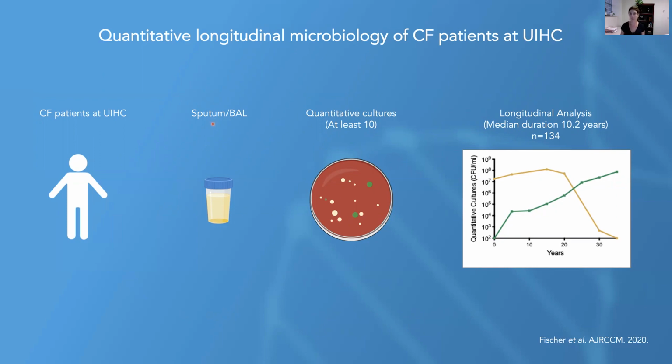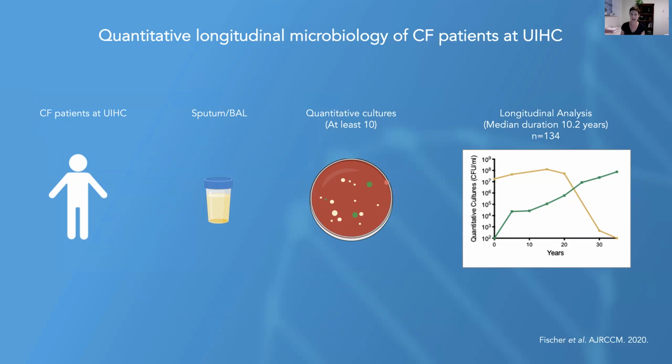And so we looked for patients who had sputum or bowel that had quantitative cultures. So this was such that the actual CFU per mL within these samples had been identified for at least Pseudomonas and Staph, and then also for other pathogens.